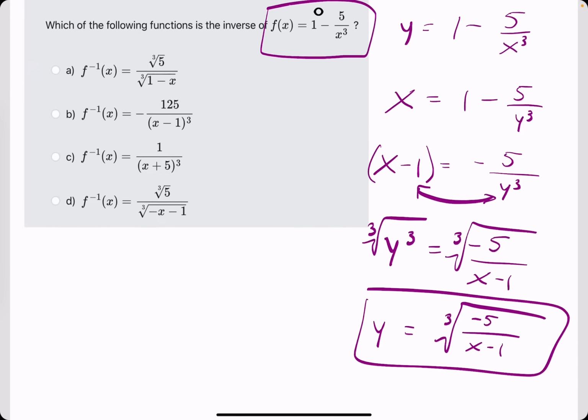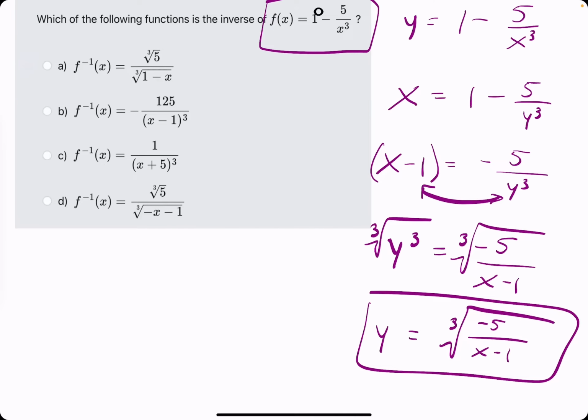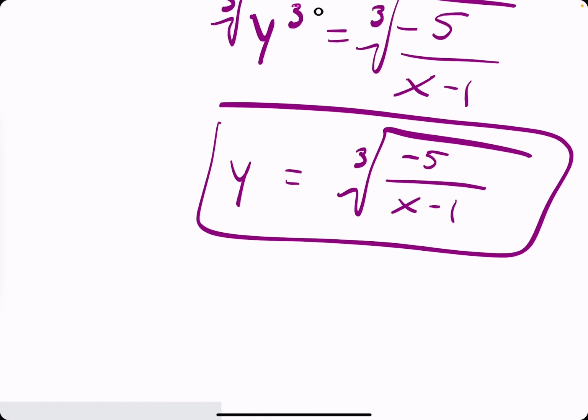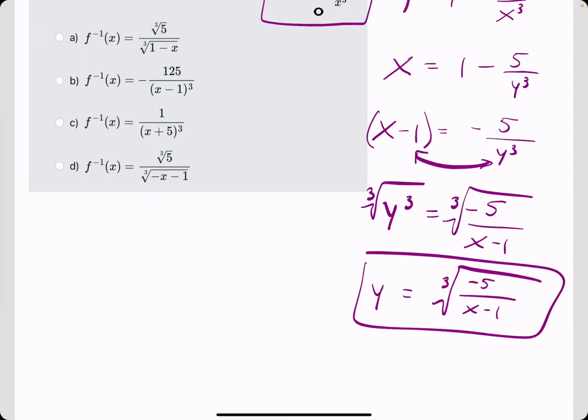Let's see how close we are to an answer. Okay, scanning through them right now. Hopefully you can go with one of the closer answers. Let's start with the numerator here. All right, let's start with this.